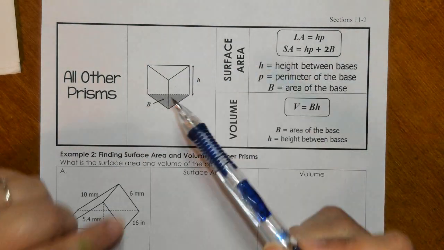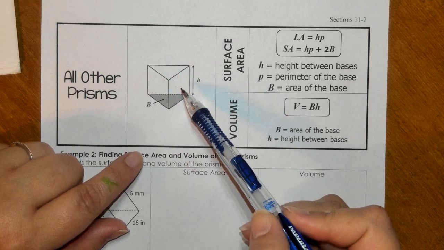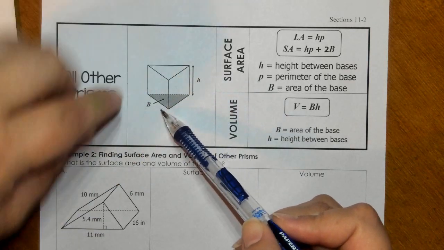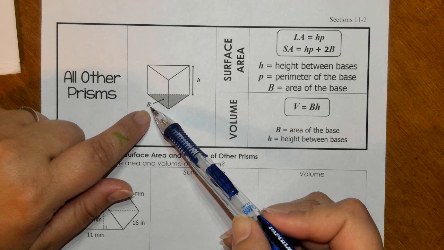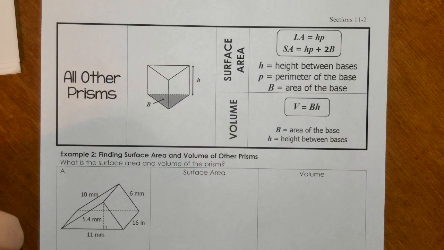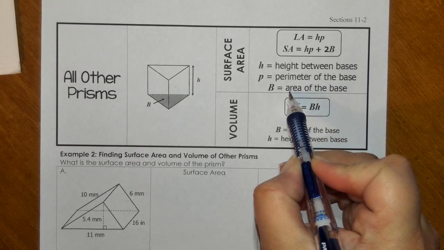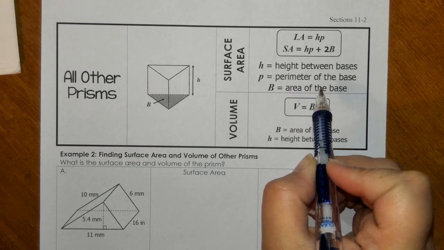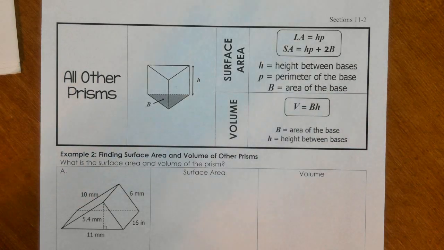Your surface area would include that lateral area plus the 2 bases. So here they have a big B for base, okay? When you see that big B, that means area of the base. It is a pretty big deal that you understand that. It is different than a little b. It's the area of the base.